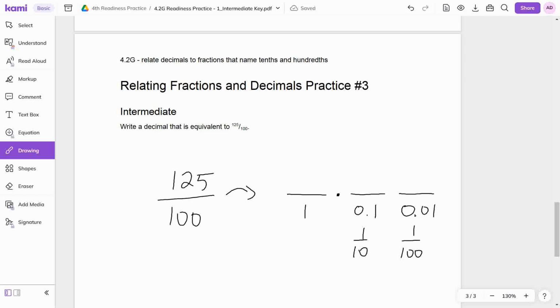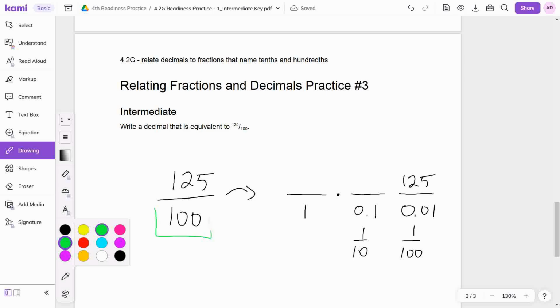All right, so what we can't do is we can't write 125 right there. That's not going to work. We can only put one digit per place value. Now, how this works is we need to go to the hundredths place because that's my decimal right there.